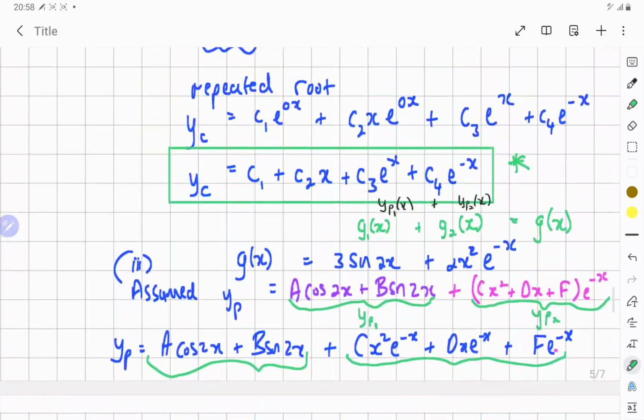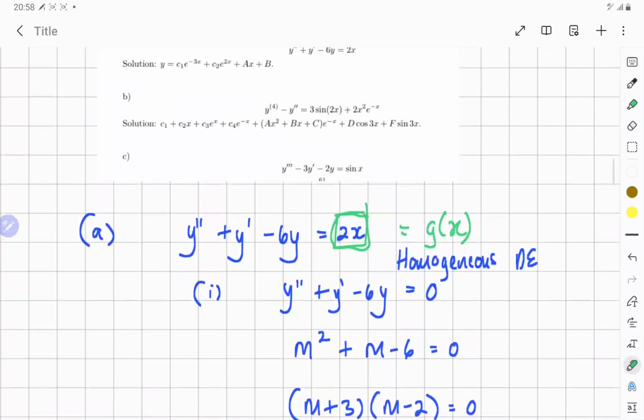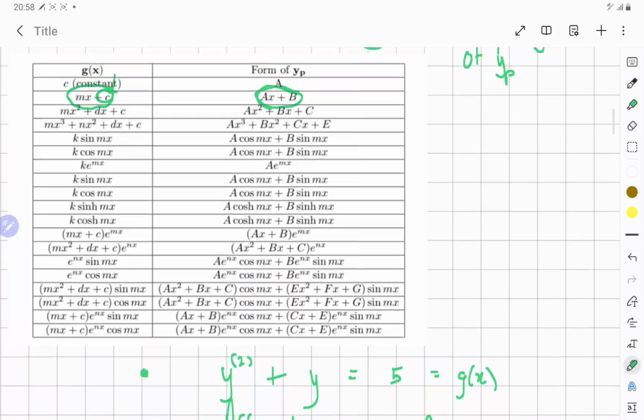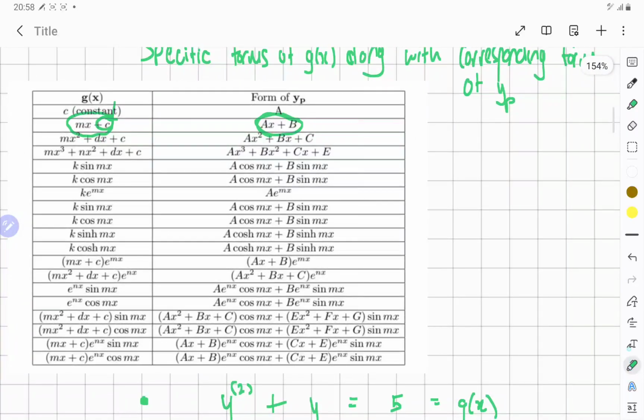So, before we get to that, I am sure now that you are getting the better of this table and you realize that there is not much to study. It is just about the form of g(x) that you are then going to decide on the corresponding form of y particular.